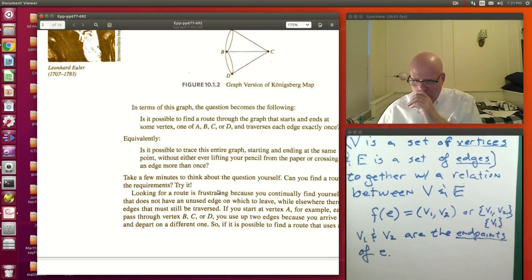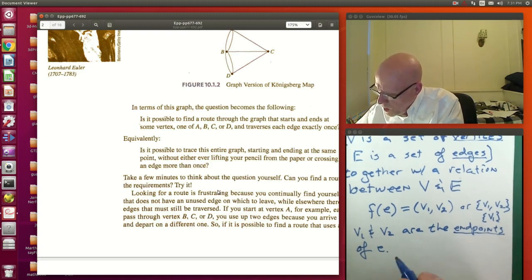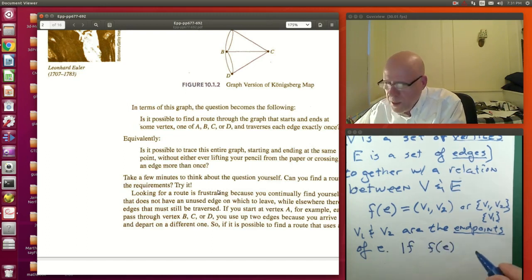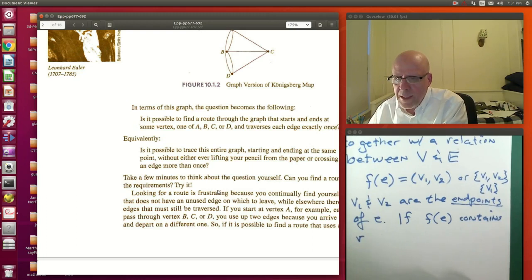Now, finally, there's a word people use to talk symmetrically about vertices and edges. If you have f of E, if f of E is a pair of things or a set of things, if it contains some vertex V, then you say that E and V are adjacent to each other.